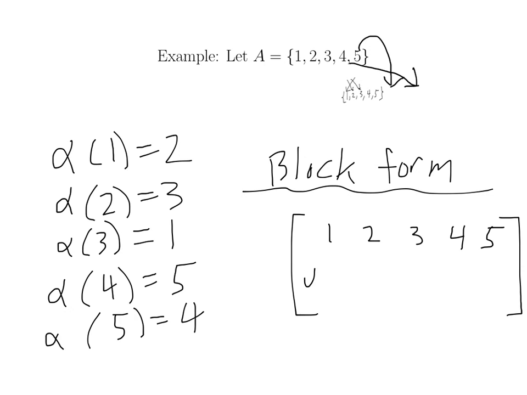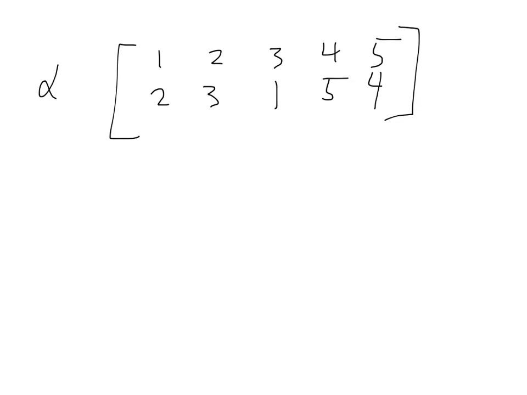And then below those I would write alpha of 1, alpha of 2, alpha of 3, alpha of 4, and alpha of 5. So the block form for this permutation would be 1, 2, 3, 4, 5. And then beneath that I would have 2, 3, 1, 5, and 4. So that's a way of representing a permutation alpha.